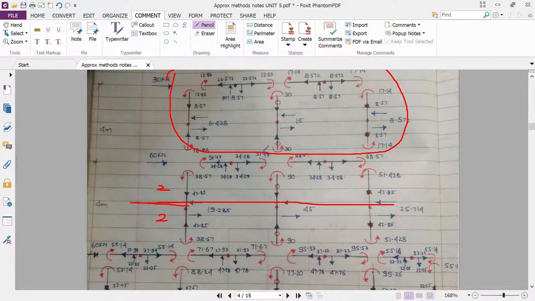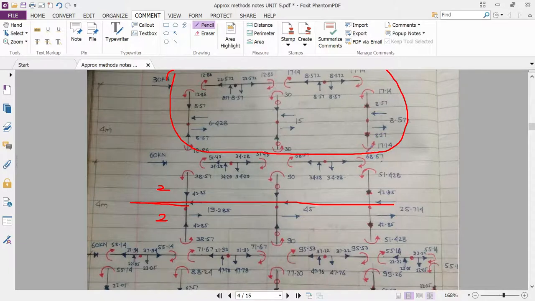Now after calculating this value, don't go to the calculation for the central part. Just skip this portion and go to the calculation for the right side, that is 51.42 is there, and this 17.14 is there. Now minus 51.42, as it is going in the anti-clockwise direction, and 17.14 is also going in the anti-clockwise direction. So club these moments and you will get the answer as minus 68.57.